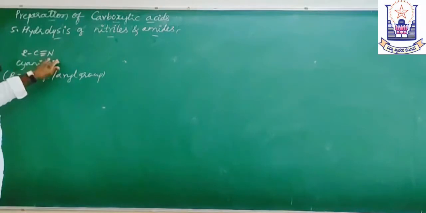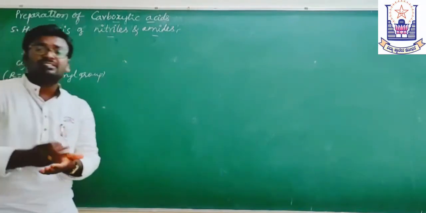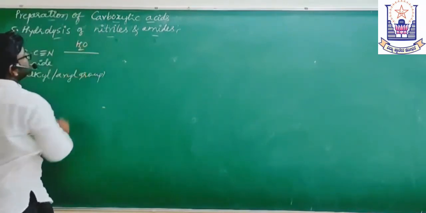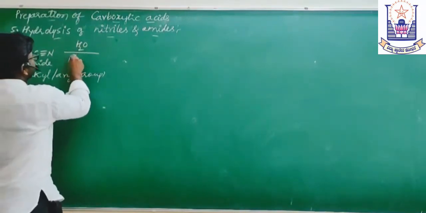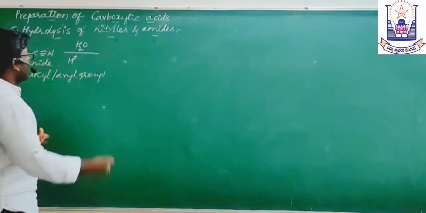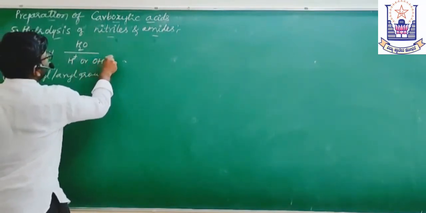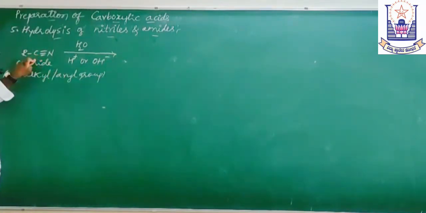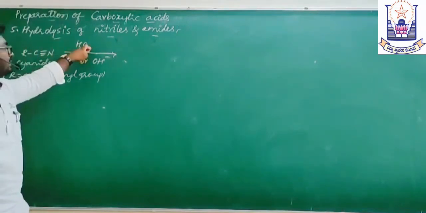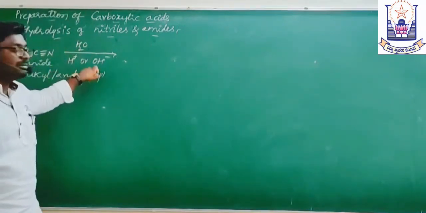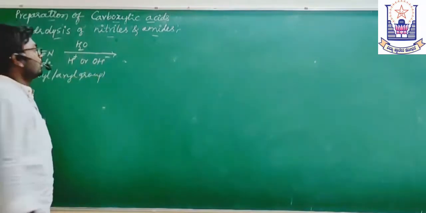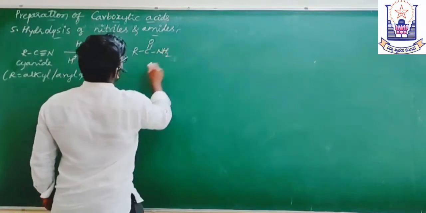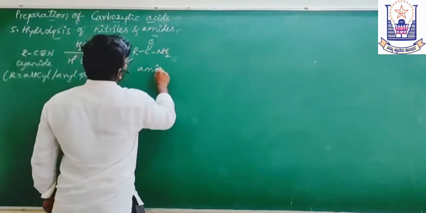When this cyanide is hydrolyzed in the presence of an acidic medium, that is H plus, or a basic medium, that is represented with the OH minus ion, it gives amide, CONH2, as the product.